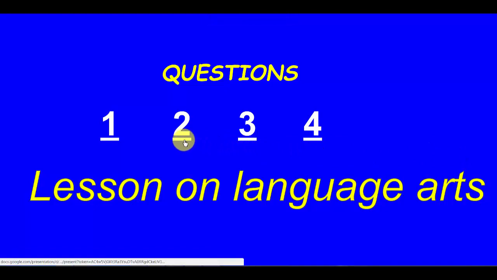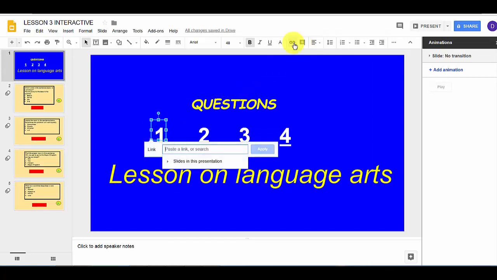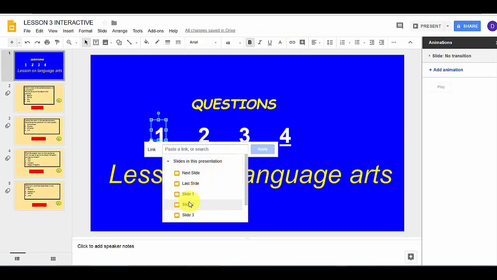Okay. Now, what we want to do is link this number to the second slide, slide number 2. So I'm simply going to highlight it. Okay. Click on link, slide in this presentation, and we want to click on slide number 2.